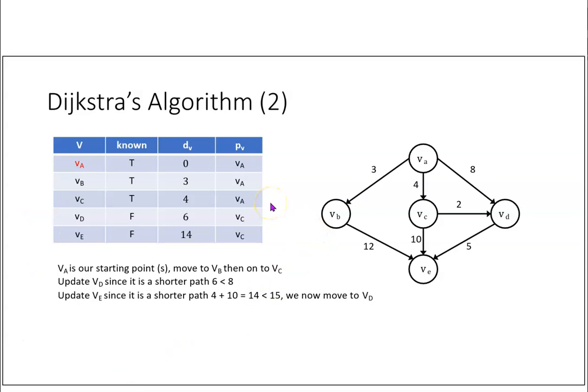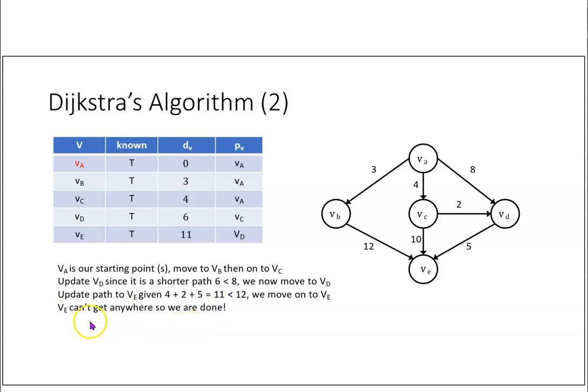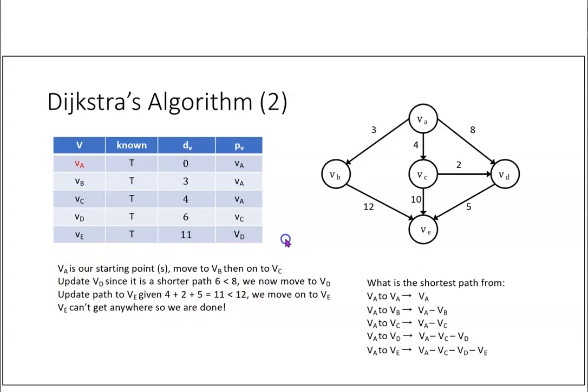So we now move to VD. VA is our starting point. We move to VD, then on to VC again. And we update the same slide, actually. And VE can't get anywhere, so we're done.